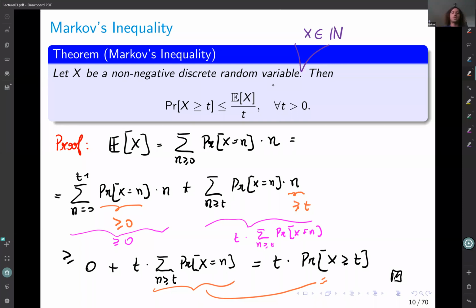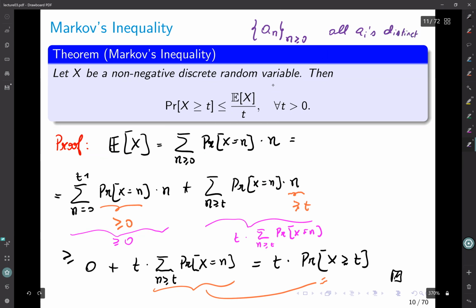Right. Here I just made sure that all the a_i are different, otherwise they're the same event.